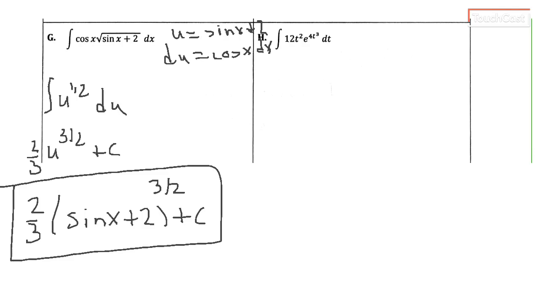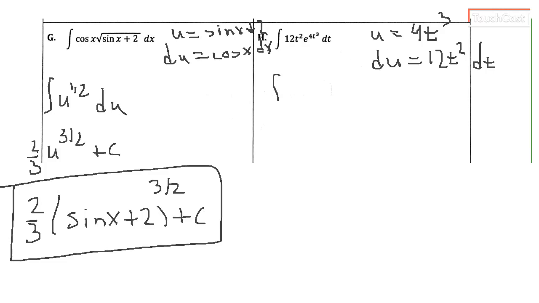H, we've got the integral of 12t squared e to the 4t cubed. So this time I'm going to let u be the power that's on e. I'm going to let it be 4t cubed, because when I take du, I'm going to have 12t squared dt, which is part of my function.